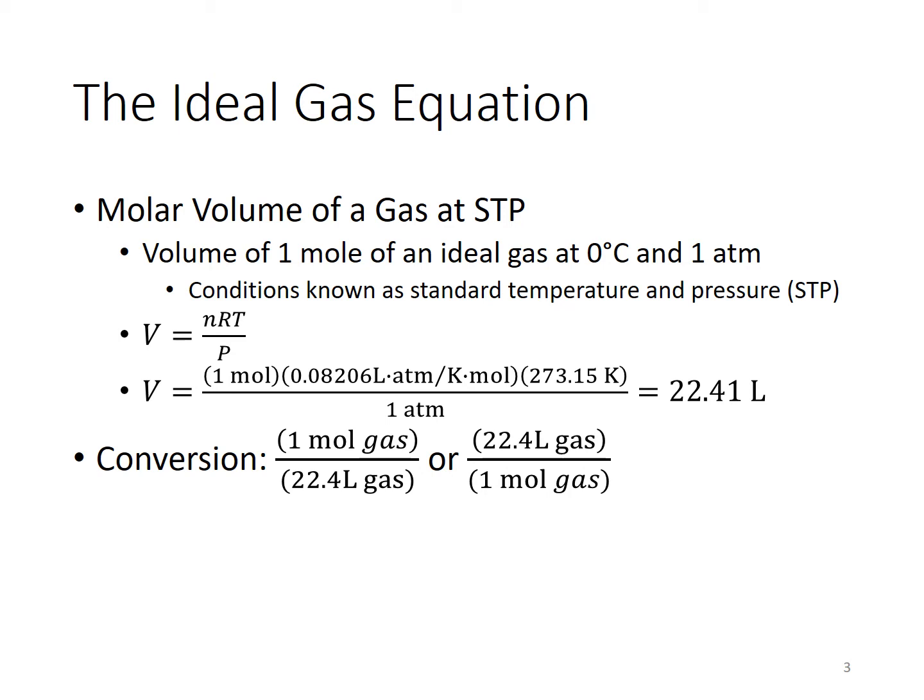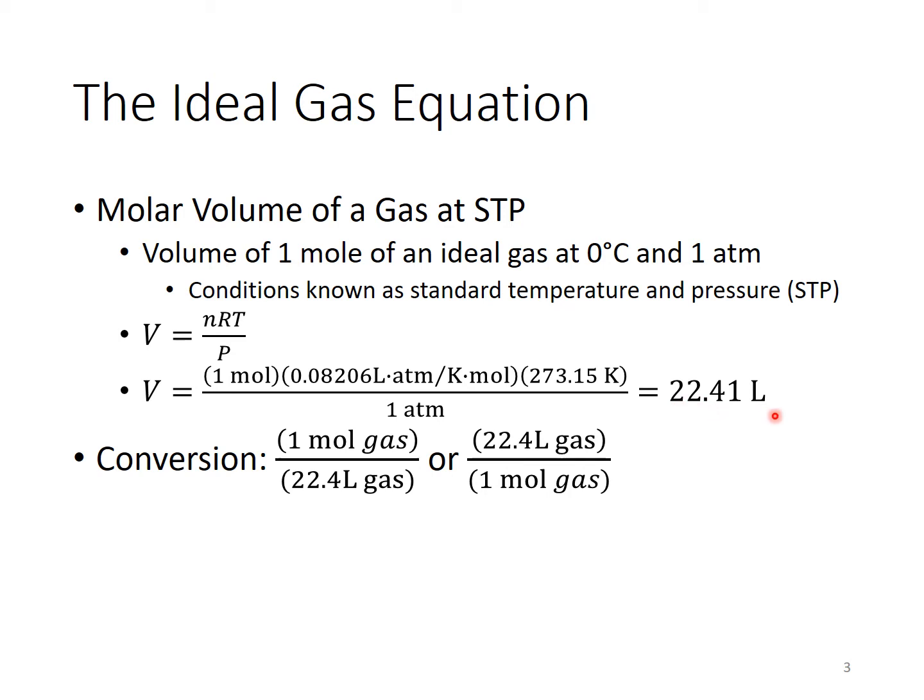Let's say we were to solve our ideal gas equation for volume. Remember PV equals nRT, divide both sides by pressure, and you would get volume equals nRT divided by P. Let's say we have 1 mole of gas. Our gas constant, liters atmospheres per mole Kelvin, times our temperature in Kelvin, divided by 1 atmosphere. We would get the volume of 1 mole of gas at STP to be 22.41 liters.